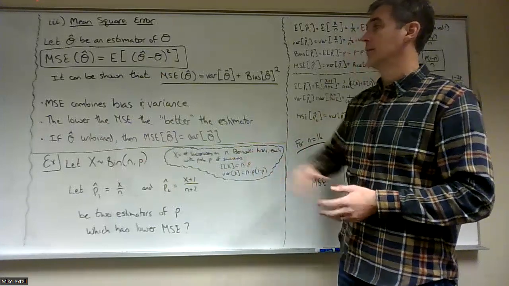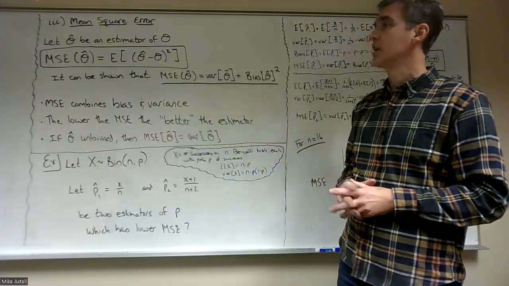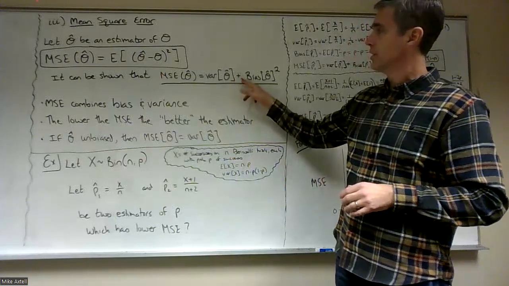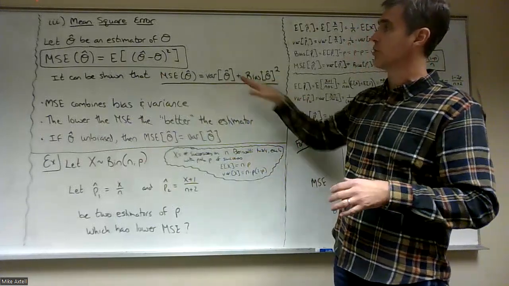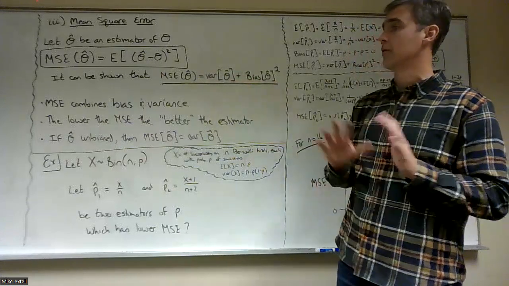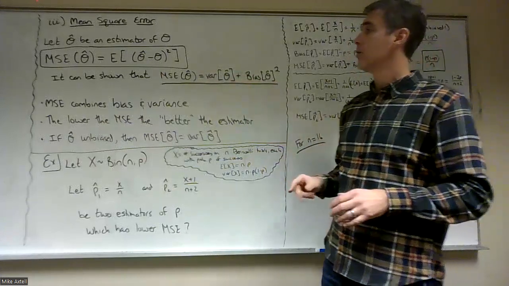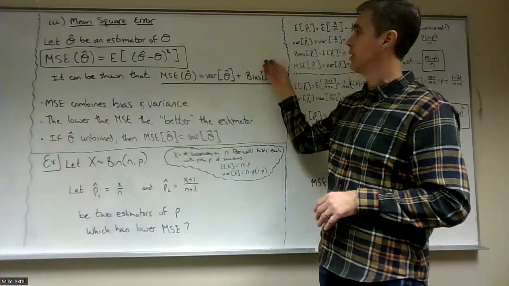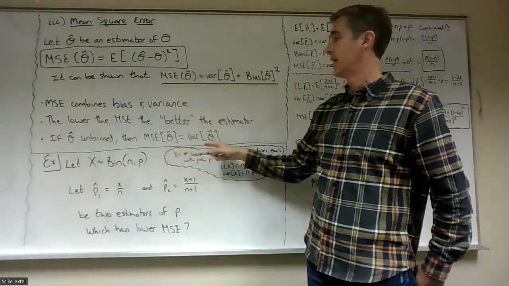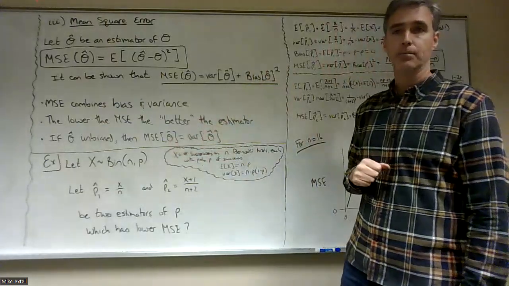So it combines bias and variance measures. And because it does so with addition, we want both of these two pieces to be small. So the lower the mean squared error, the better the estimator. And note that if your estimator theta hat happens to be unbiased, then the bias is all 0, and the mean squared error of theta hat is simply the variance of theta hat.